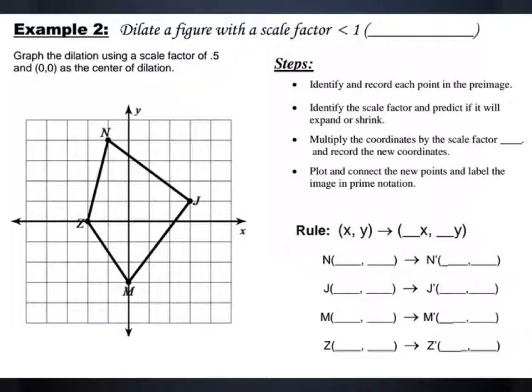Now, for example 2, we're going to dilate the figure with a scale factor less than 1. That means this is going to be a shrink. If our scale factor is less than 1, we are shrinking. And the instructions tell us to graph a dilation with a scale factor of 0.5. We know that's less than 1, and 0, 0 is our center of dilation.